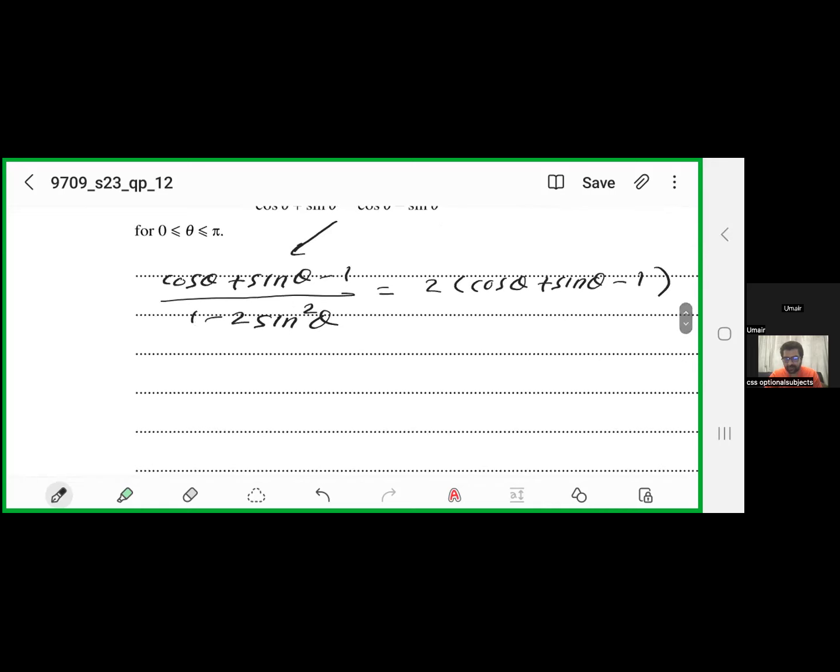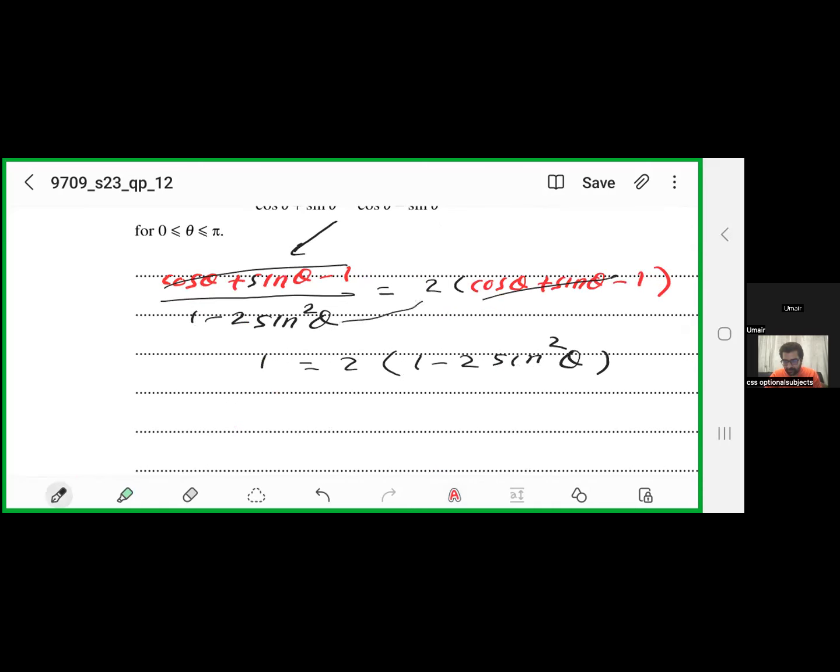Now let us simplify this one. If we see both sides of the equations, this thing and this thing are the same. Cos theta plus sin theta minus 1, cos theta plus sin theta minus 1. Why not cancel them? Cancel them and you will get 1 is equal to 2 times 1 minus 2 sin square theta.